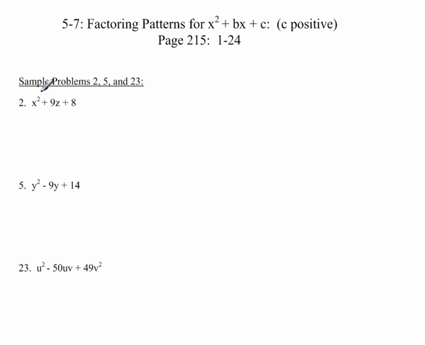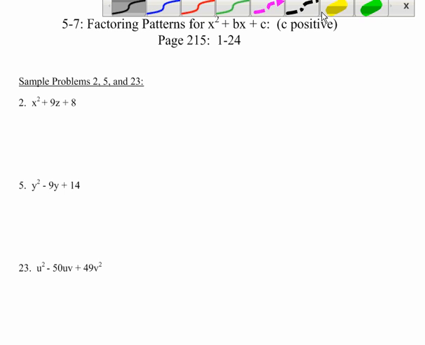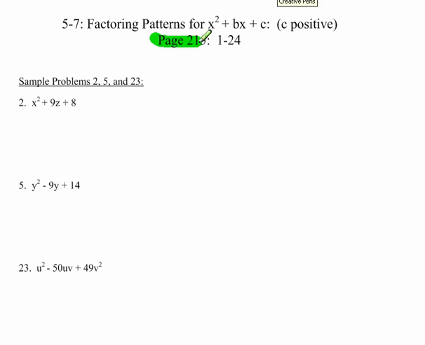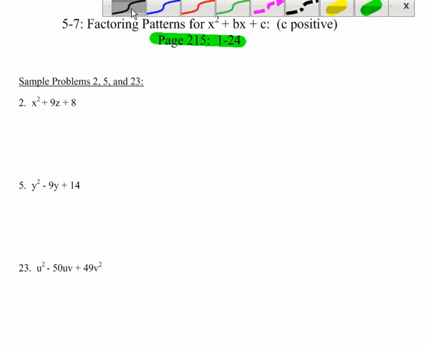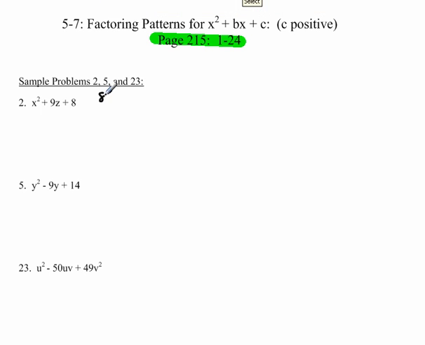Let's look at 3 sample problems from the work today: problems 2, 5, and 23. The assignment is page 215, 1 through 24. So let's start out with a few here. Number 2, you want to start out by looking at the factors of 8, which would be 1 and 8 or 2 and 4.